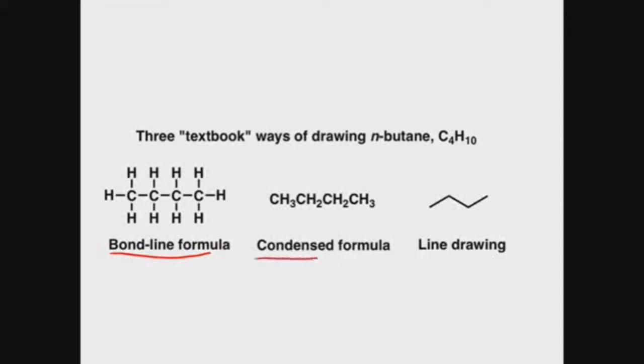You have the condensed formula, where there are no lines but the groups are condensed, having the methyl group, the methylene, and the rest of that. And of course, the most popular one, the line drawing, which simply uses lines to represent these structures. We'll get into the details as we move forward.